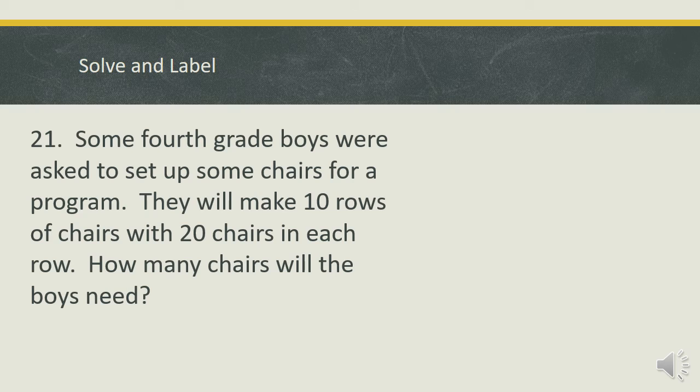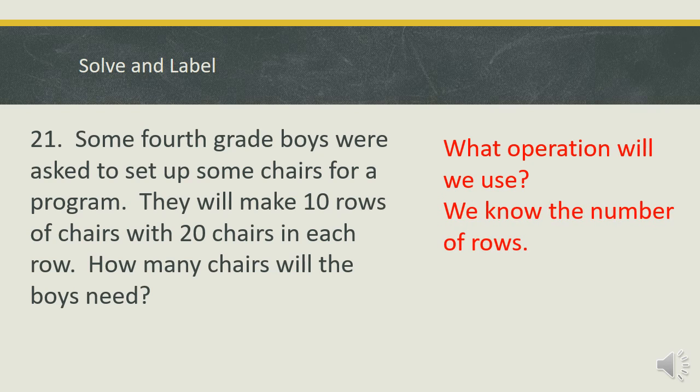Now, most of the time when a word problem asks for a total number, we're going to have to multiply or add. In this case, this problem sounds a lot like the arrays that we set up when we're trying to figure out a math fact. So I'm thinking that multiplication is going to be the best operation to use for this problem.